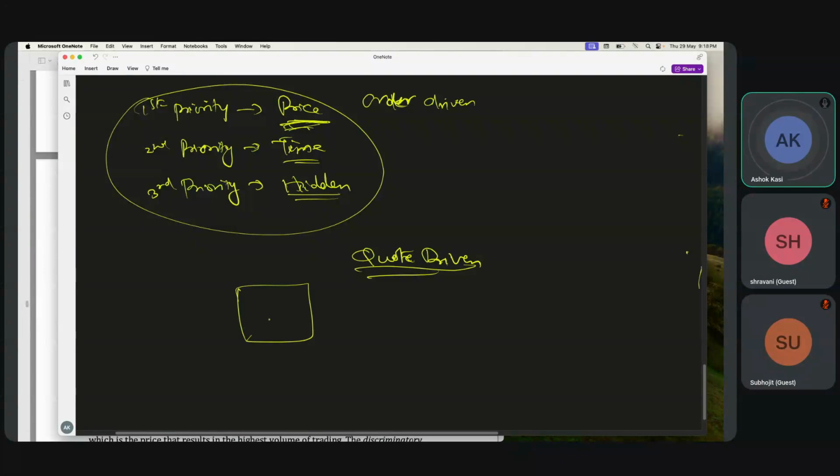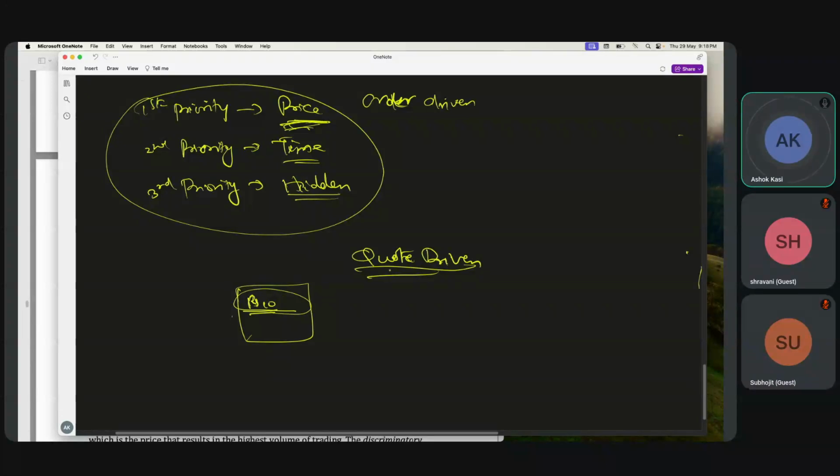There is buy and sell. But when you are going to a shop and you are buying a biscuit for 10 rupees, the shopkeeper has already fixed the price of biscuit for 10 rupees. You cannot go there and put your order that okay, I'm ready to buy at 5 rupees. You cannot put your order. Price is already fixed. Now you decide whether you want to buy or not.